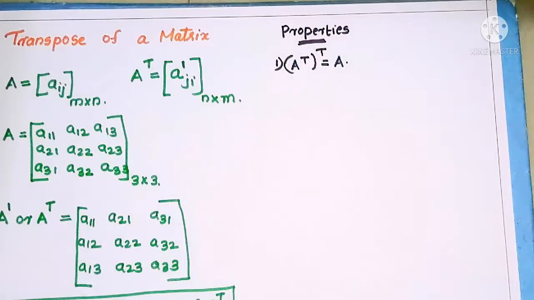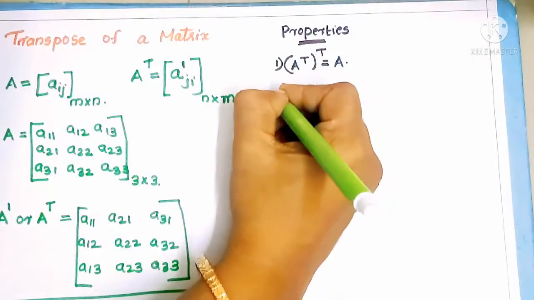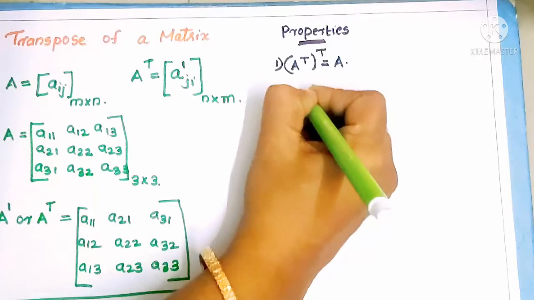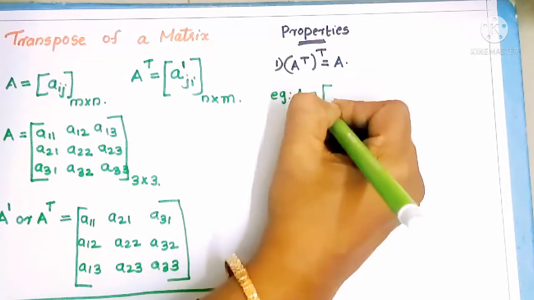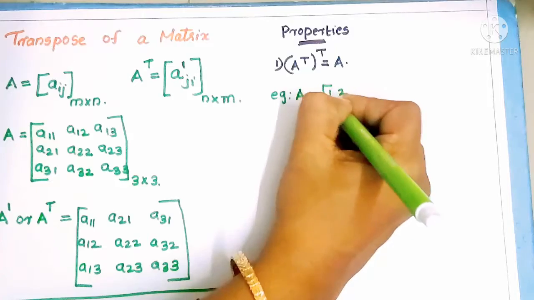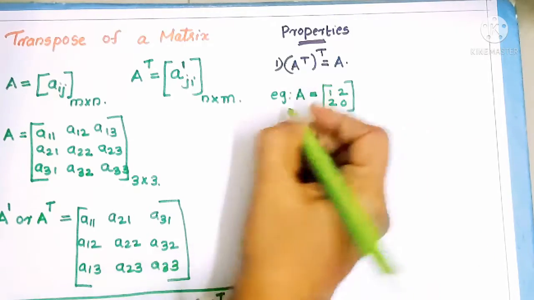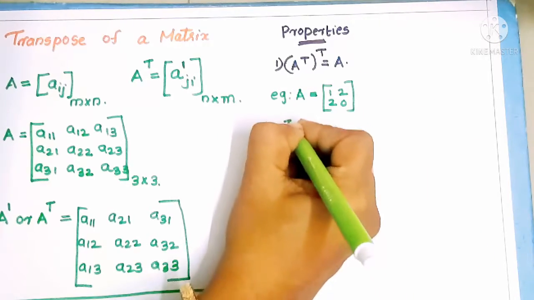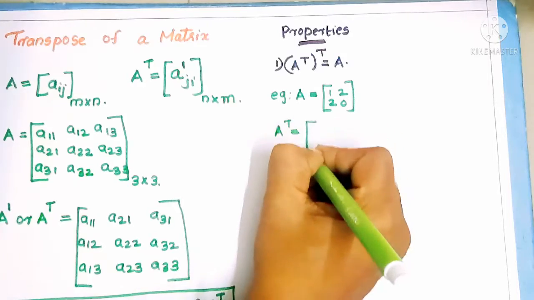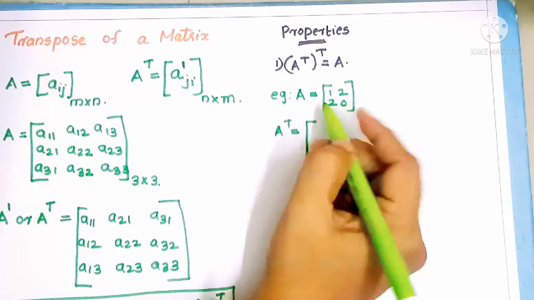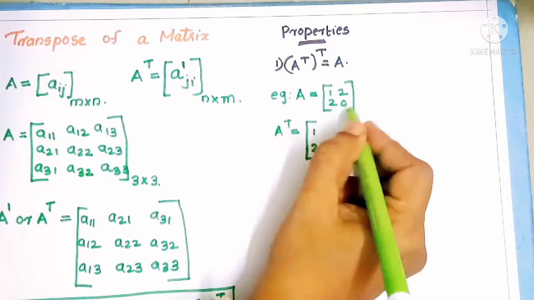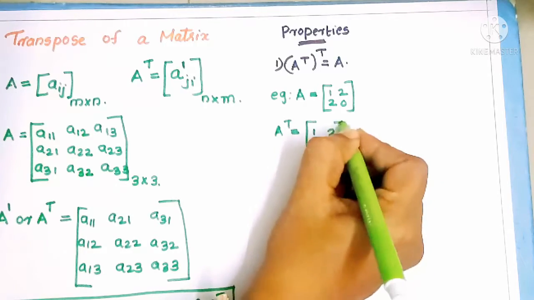To understand this concept, we can take a matrix A equal to [1, 2; 2, 0]. First we find A transpose. What is the transpose? Rows become columns. So [1, 2; 2, 0].